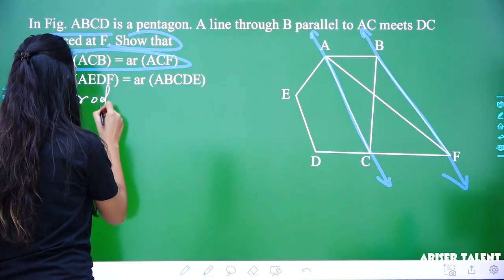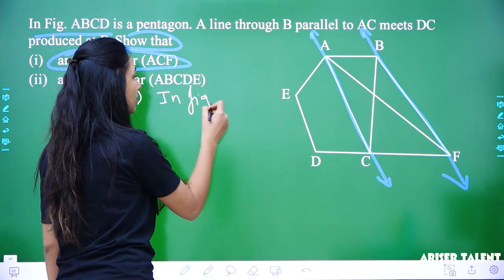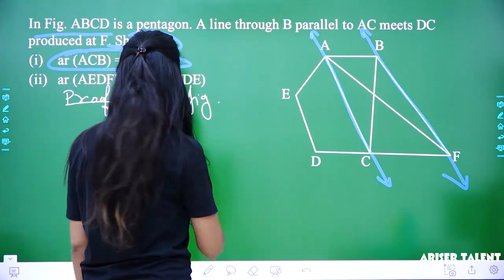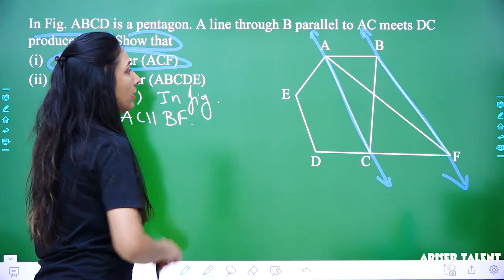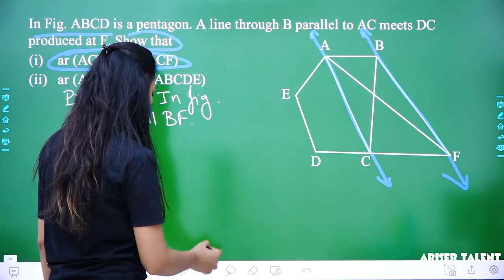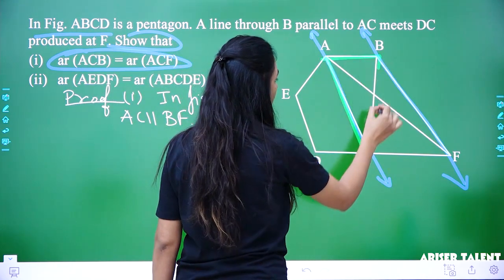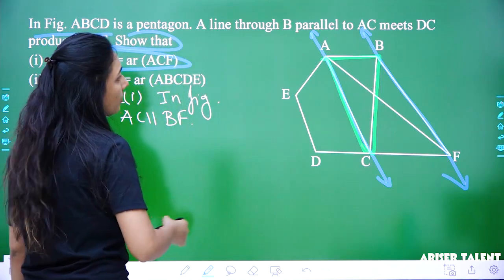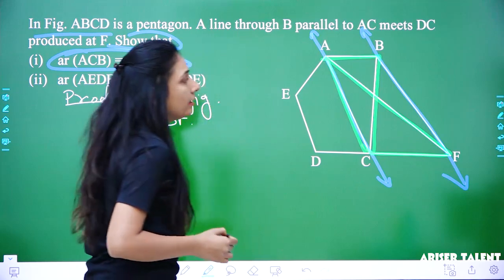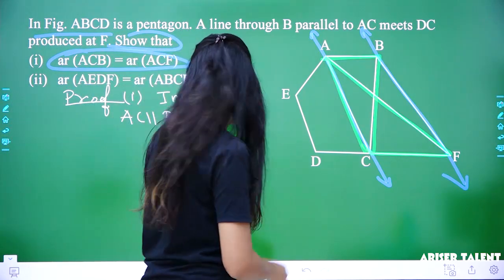We are talking about the first one. In the figure, AC is parallel to BF. If AC is parallel to BF, we have to prove that area ACB is equal to area ACF. This is very simple to prove because we have these two triangles between the same parallels and on the same base.